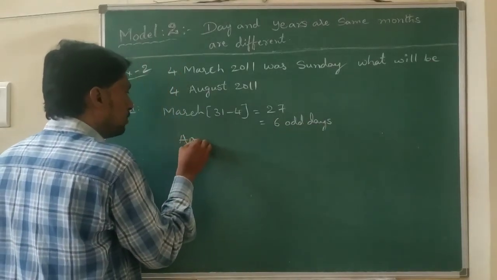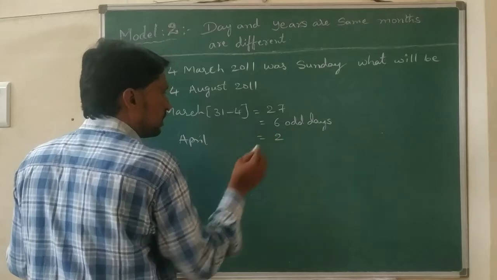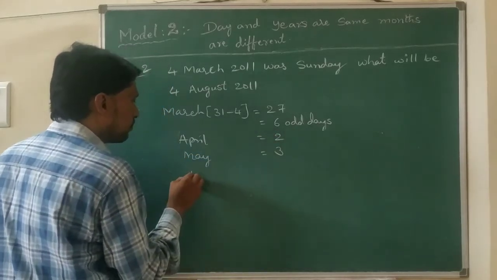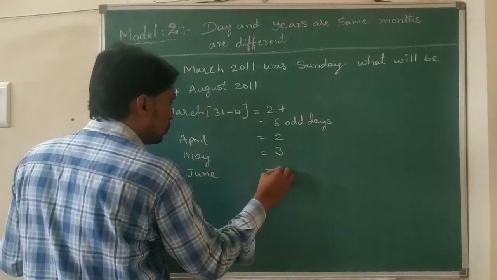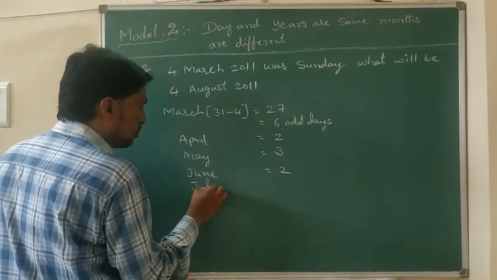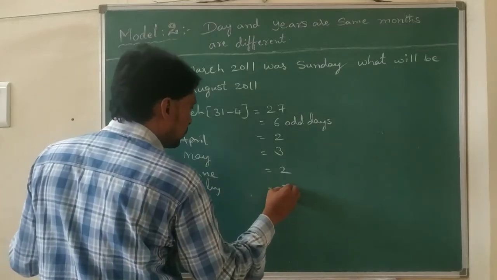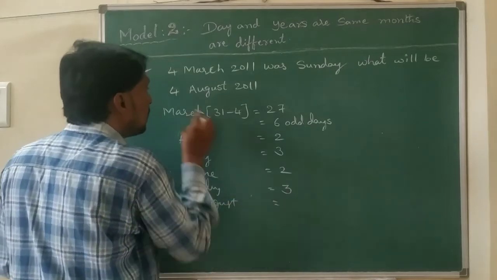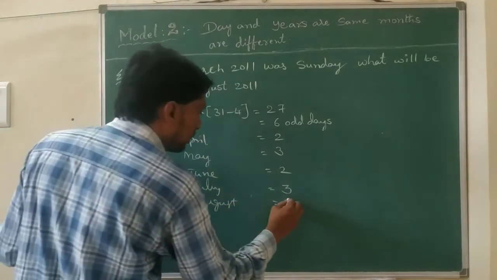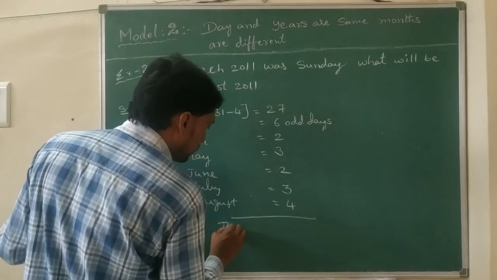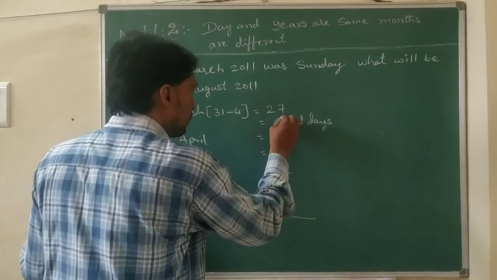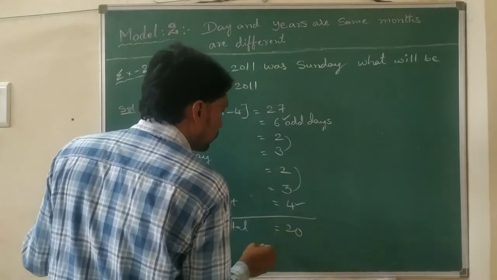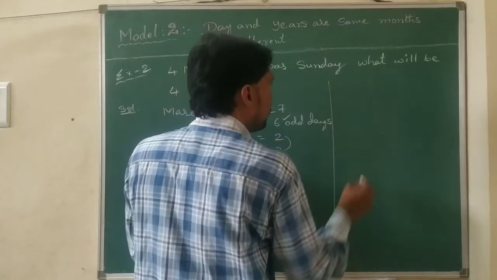Next April, 2 odd days. May, 3 odd days. June, 2 odd days. July, 3 odd days. August up to 4, we take 4. So the total: 6 plus 4 is 10, 10 plus 5 is 15, 15 plus 5 is 20. So total days will be 20.